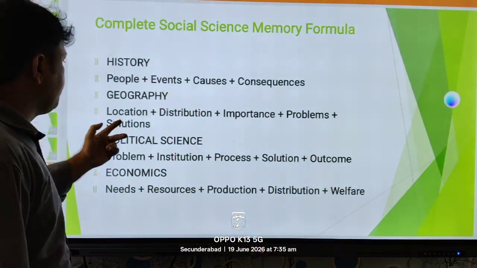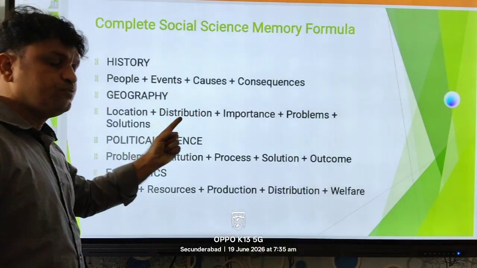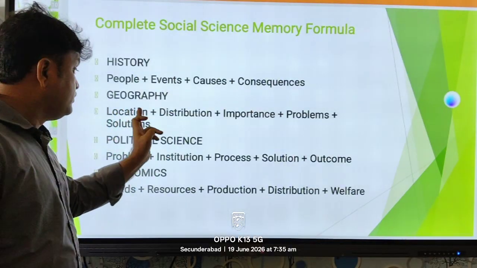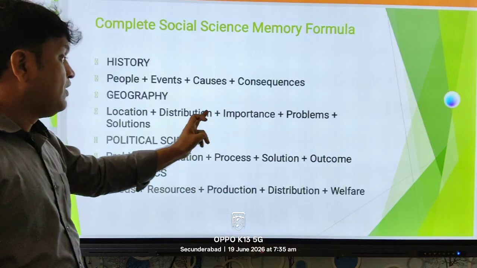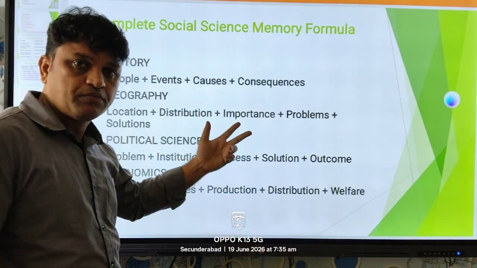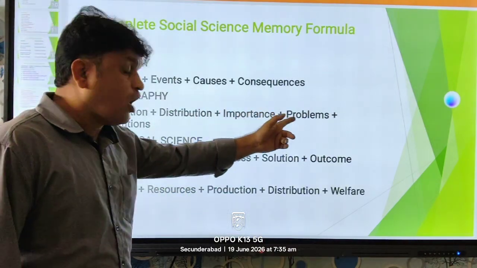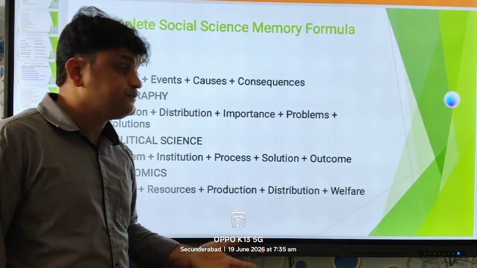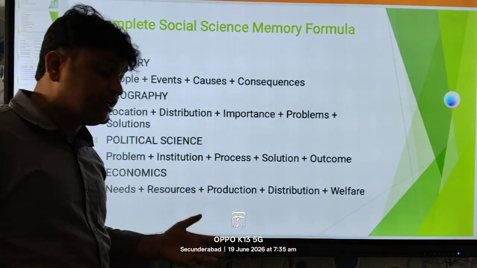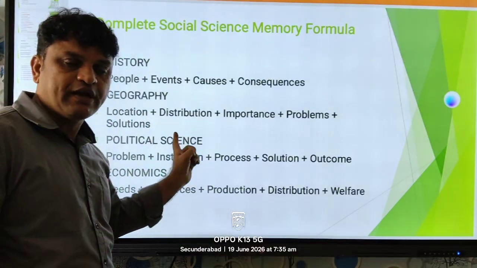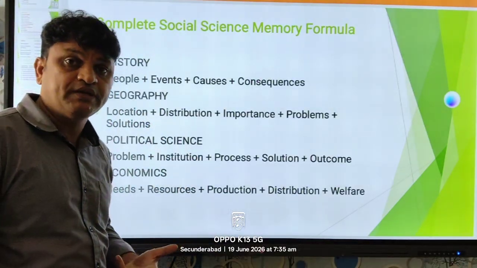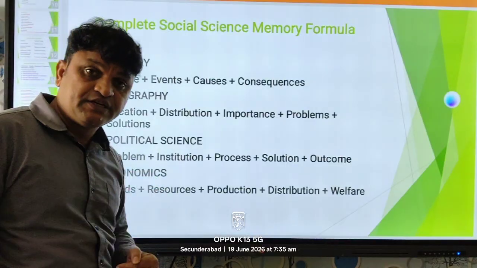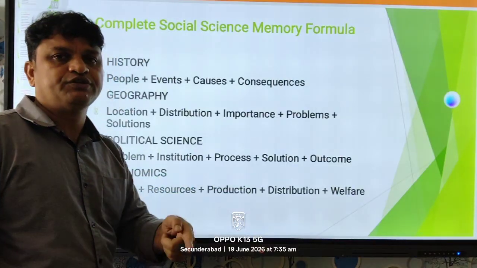Coming to geography: location and distribution. What is the location of resources? How are the resources distributed, and what is their importance, like iron ore, right? And problems: what are the problems, like industrial pollution and resource depletion, and what is the solution? We will talk about sustainable development, that meets the needs of the present generation without compromising the ability of future generations to meet their own basic needs.